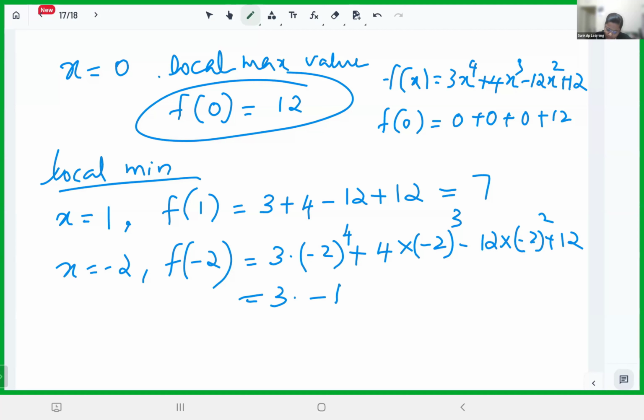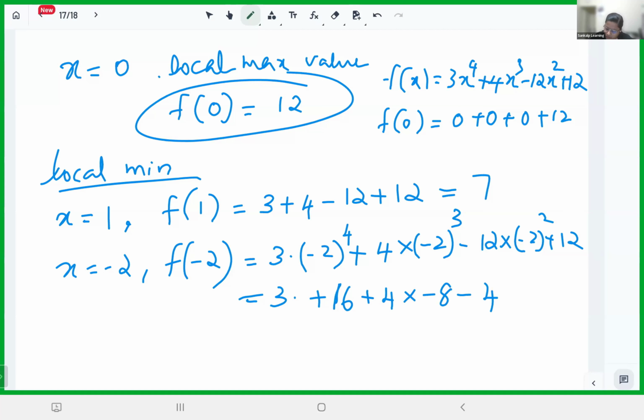Actually, it will be plus 16, right? Plus 16 plus 4 into minus 2 into minus 2 is plus 4. 4 into 2 is 8, right? So this is equal to minus 8 minus 12 into 4, that is 48, right?